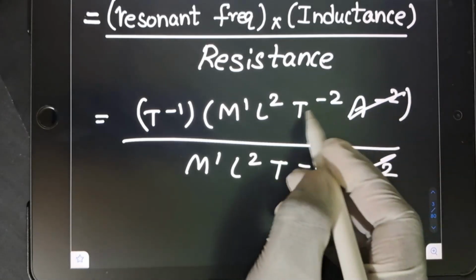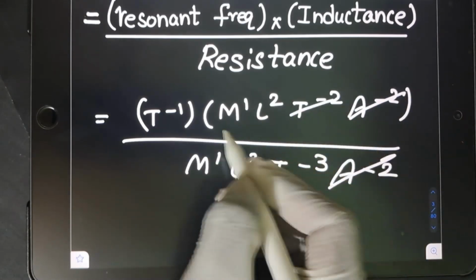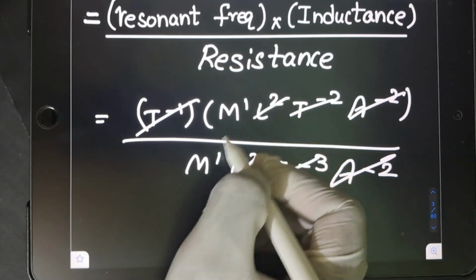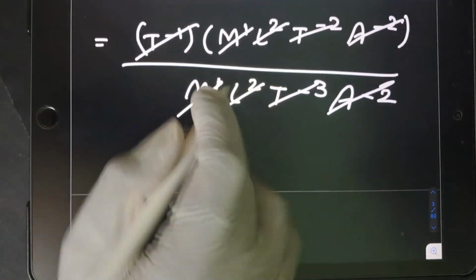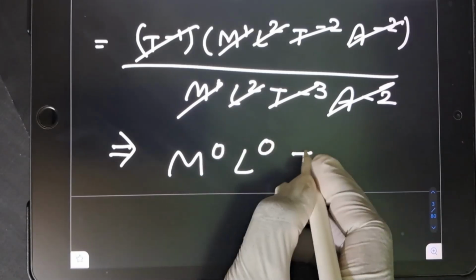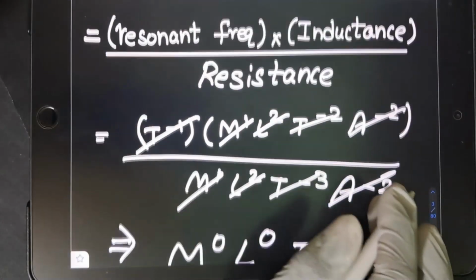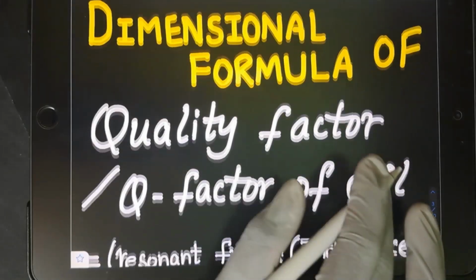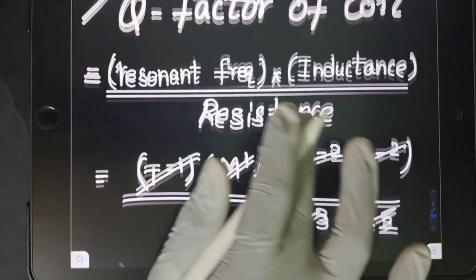On cancellation of current and mass as well as length, we get M power 0, L power 0, T power 0. It is dimensionless. The quality factor dimensional formula is M power 0, L power 0, T power 0.